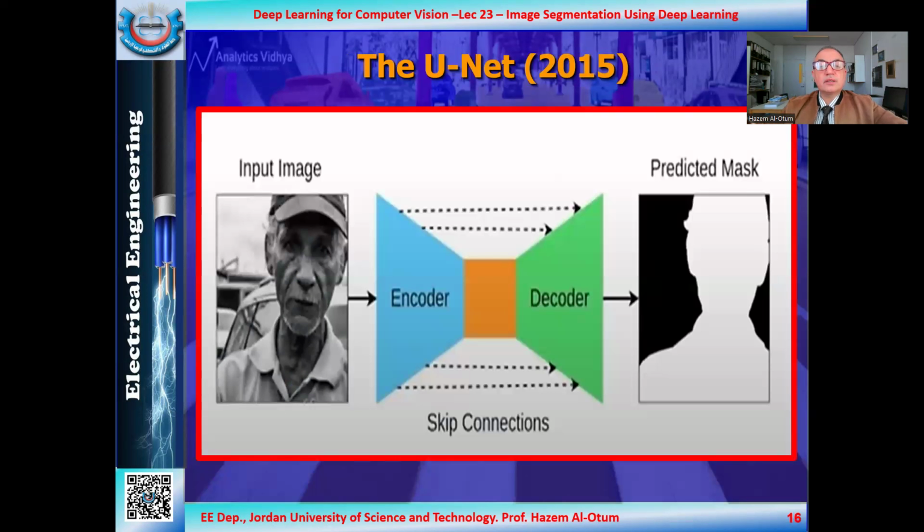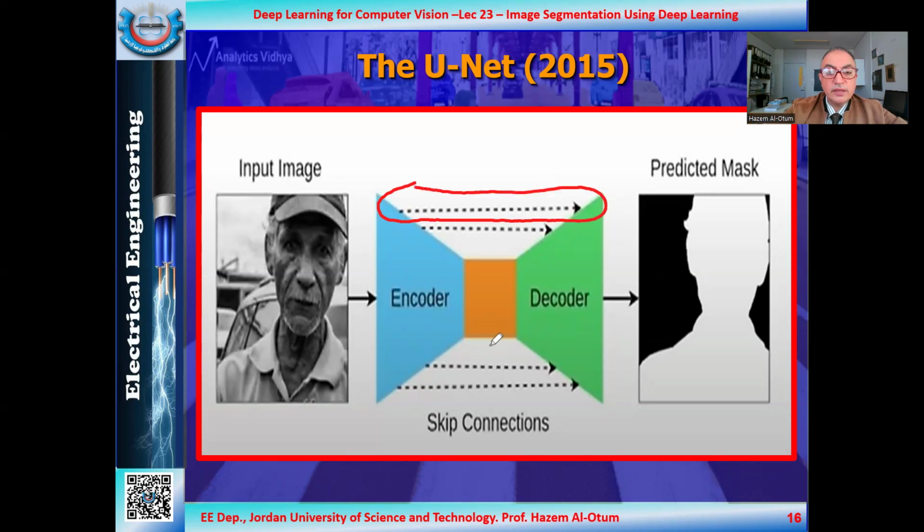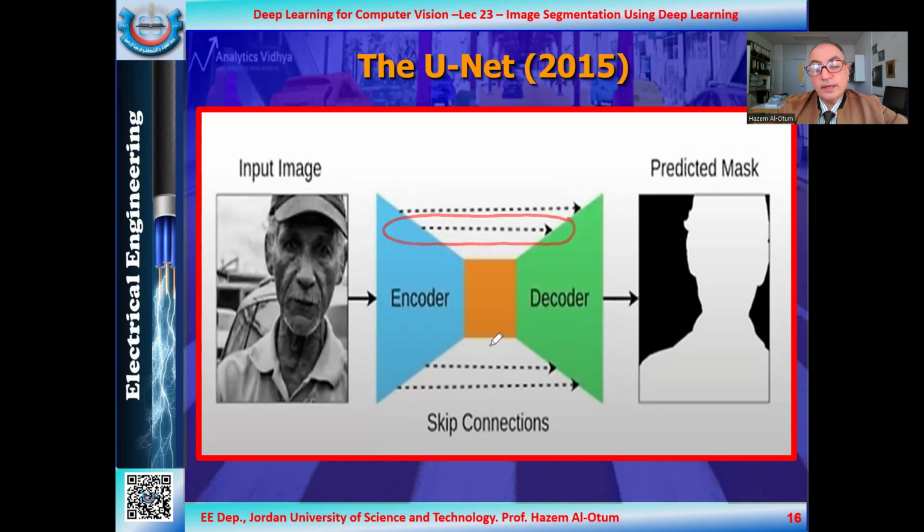Another type of semantic segmentation tool in deep learning is the UNet. In UNet, the main concept over the SegNet and the autoencoder networks is that we bridge or connect the input to the output at this location for all layers in the encoder and decoder.